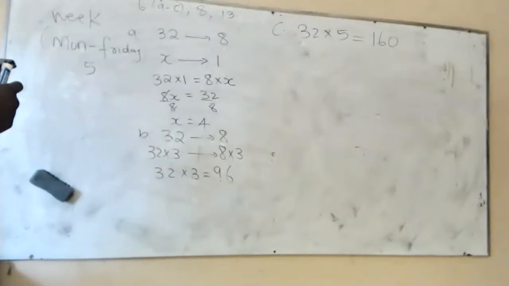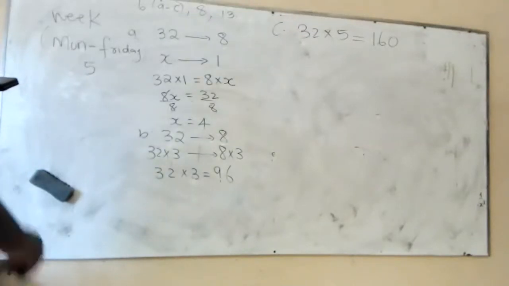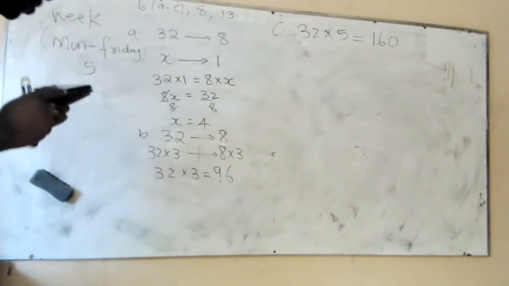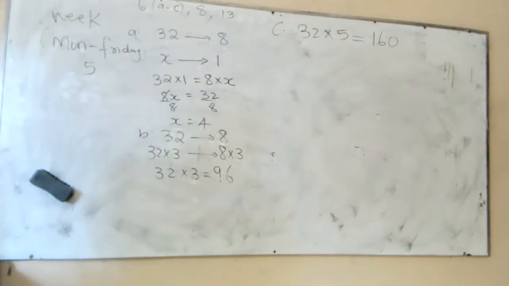All right, wonderful. Next question is question number 8, which is talking about water from a tap that flows into a bath at a rate of 750 millimeter per second. This is very important about this question. So this is the rate at which water is flowing from a tap to a bathroom.